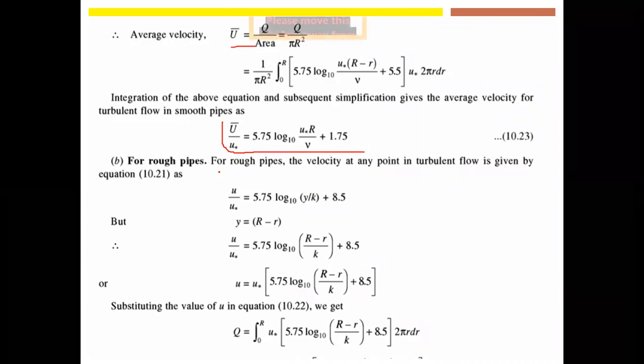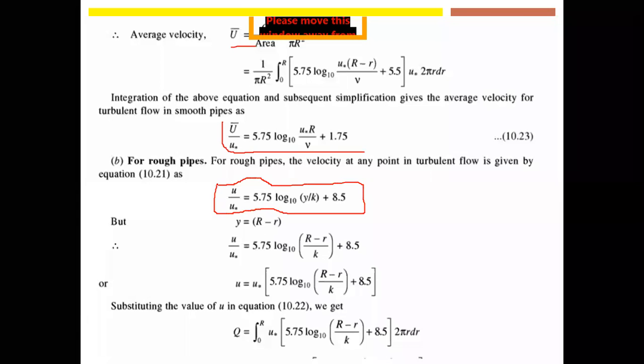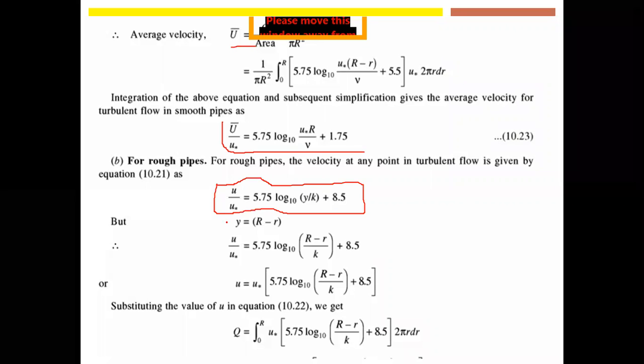Now, for the rough pipes, we know the formula. This is the formula for rough pipes. Considering this, if we find the average velocity, we apply the same process. y is equal to R minus r, so substitute y as R minus r by k. Keep on substituting u is equal to u star.